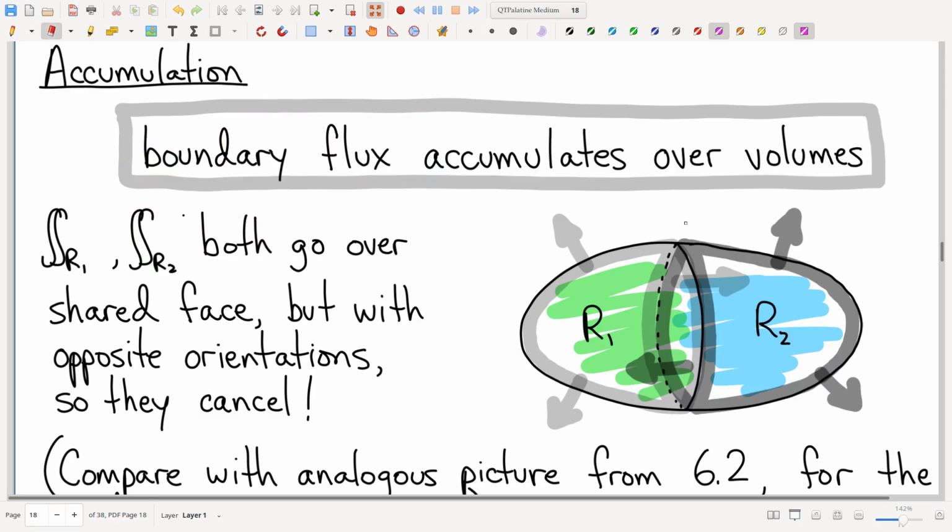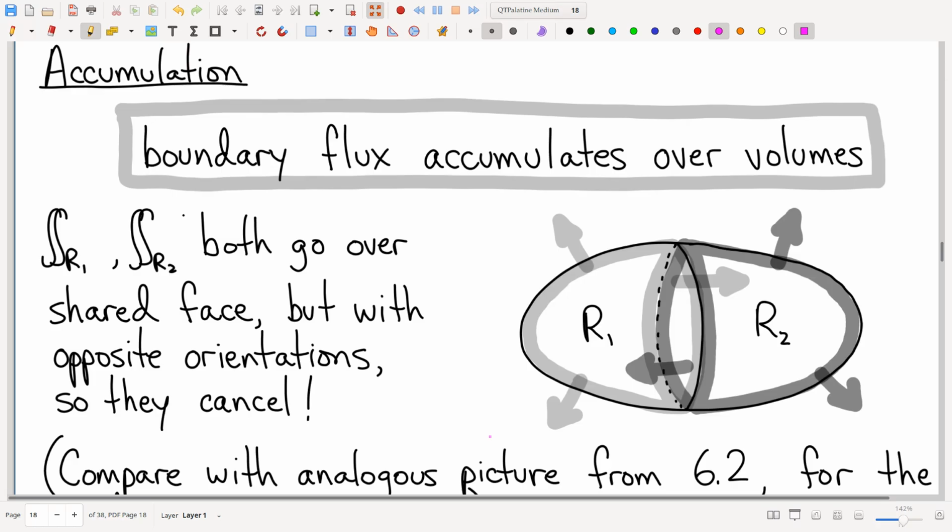Okay, so let's check and make sure that that's true. By the way, you probably recognize this picture, or at least this looks a lot like a picture that we drew long ago. We drew a sort of a two-dimensional version of this picture. And this is just the three-dimensional version of the same thing. The intuition for why this is going to work is morally equivalent to why that last one worked.